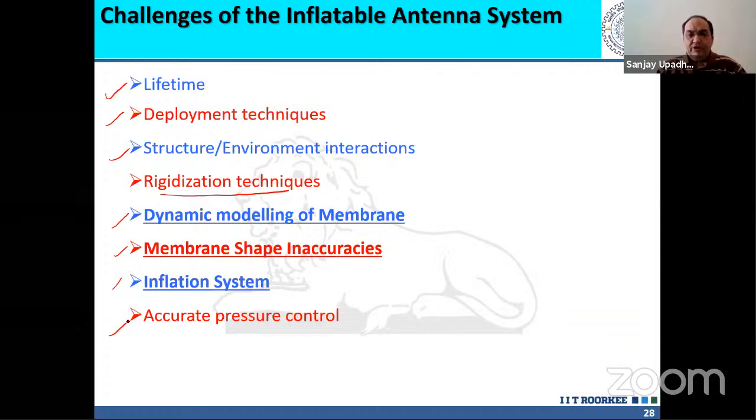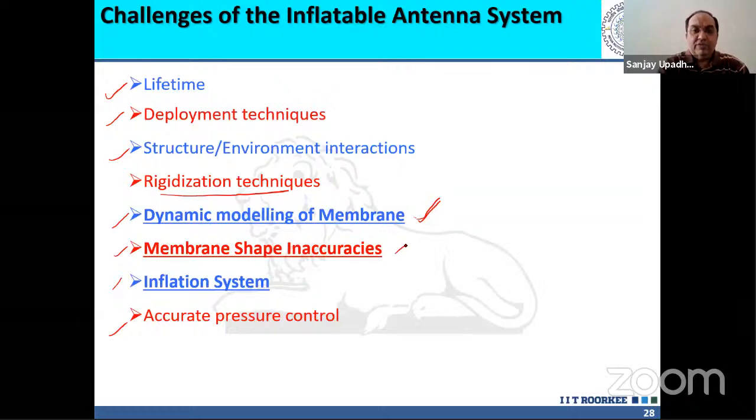So from the mechanical point of view, these are the challenges, and we have started to solve them one by one with the help of Mathur sir also. First we have completed dynamic modeling of membrane, and we have filed 2 patents. Our first project under RESPOND is where we developed membrane modeling and membrane shape inaccuracy.